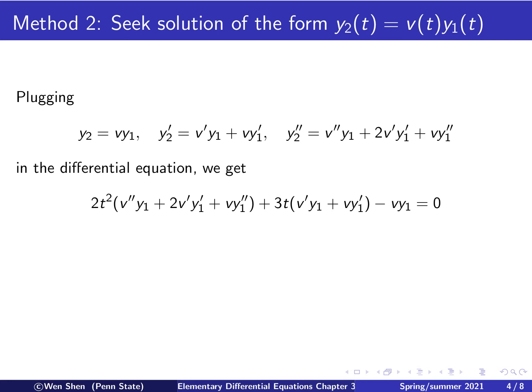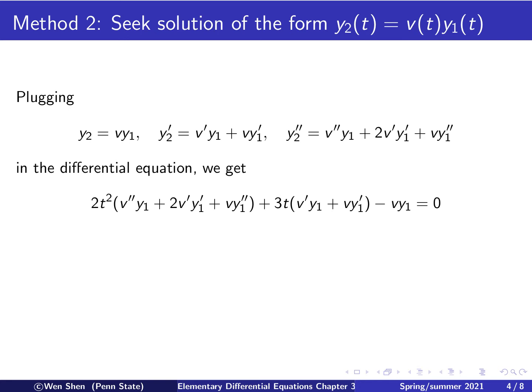The goal is to find constraints for this v(t), and eventually we can find v(t), and therefore we can obtain y2. This is the only thing we will use for this method. We will not use the Wronskian or Abel theorem, just very basic tools.